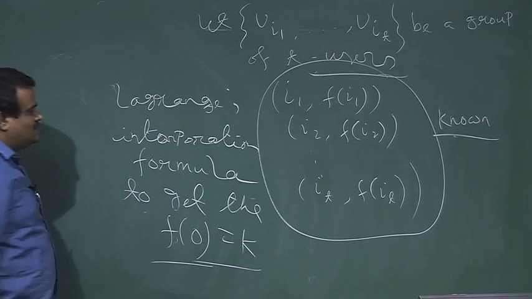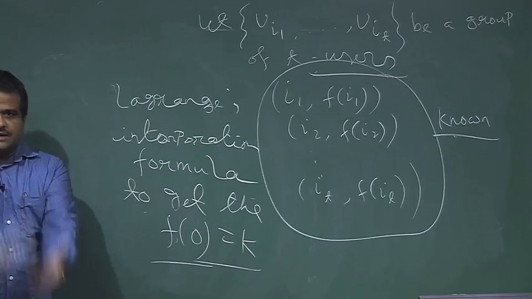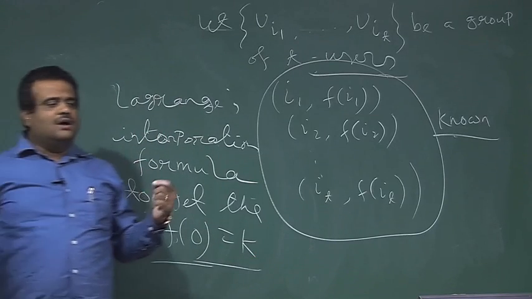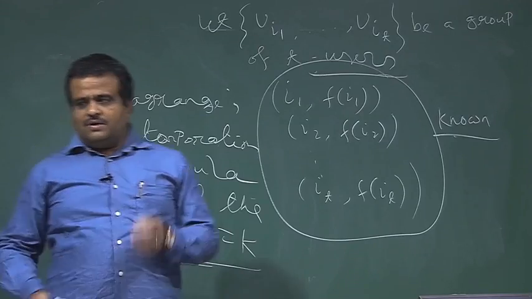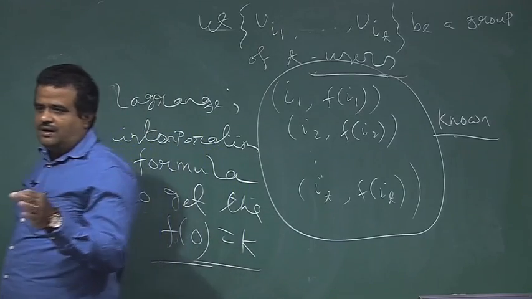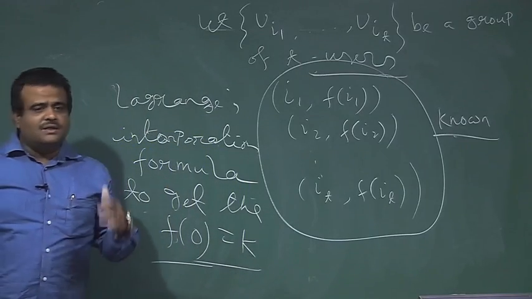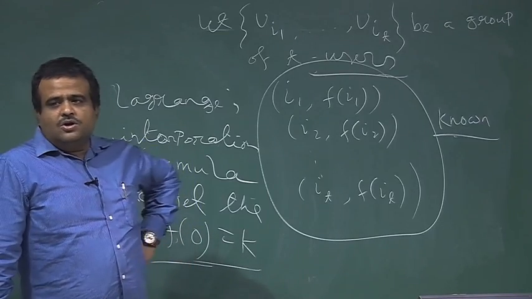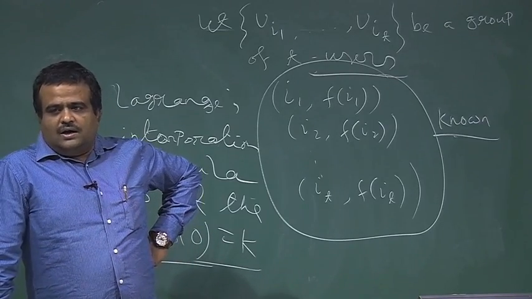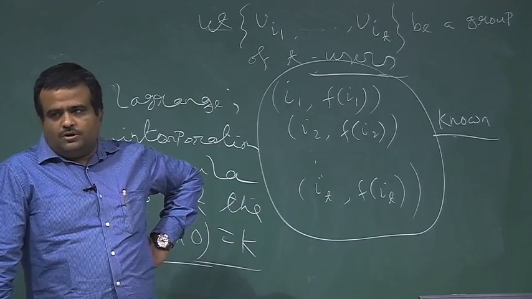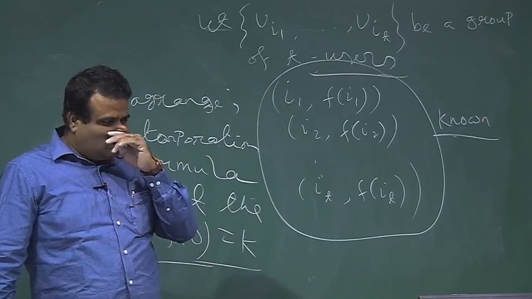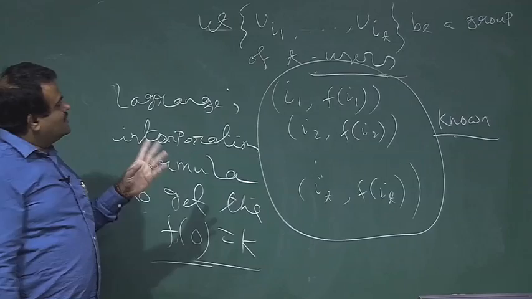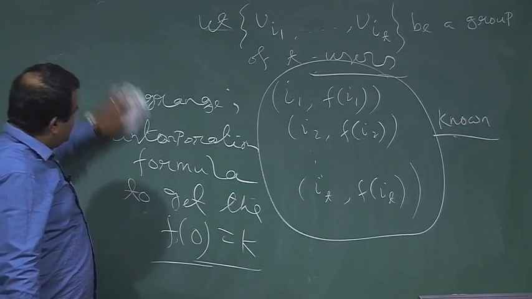So, k is revealed. If the t users come together with their polynomial values at their points, then we can use the Lagrange interpolation formula to know the whole polynomial. So, the whole polynomial is revealed. This is basically the Shamir (t, n) threshold secret sharing scheme.